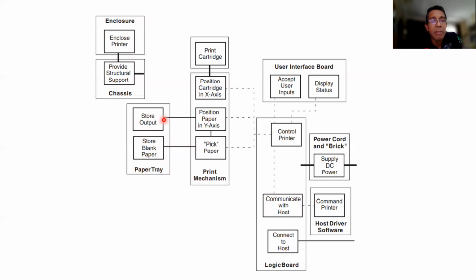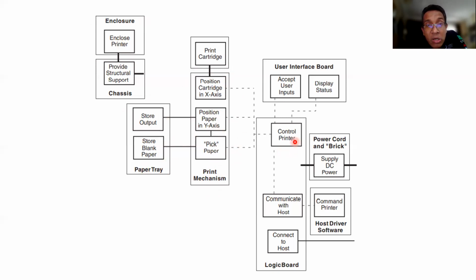They put under the print mechanism cluster the paper pickup and the cartridge moving in the X axis and Y axis.